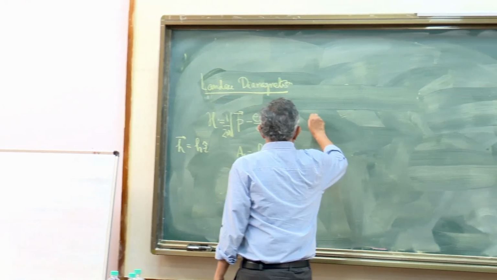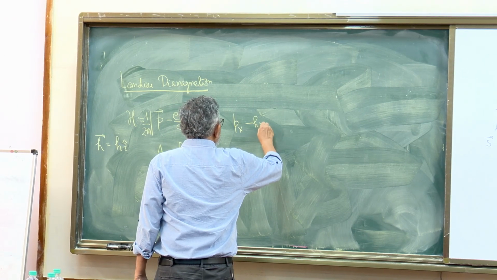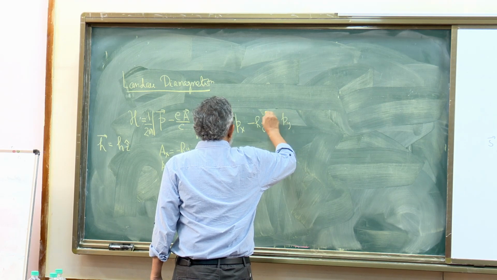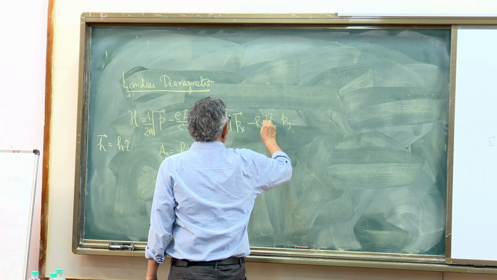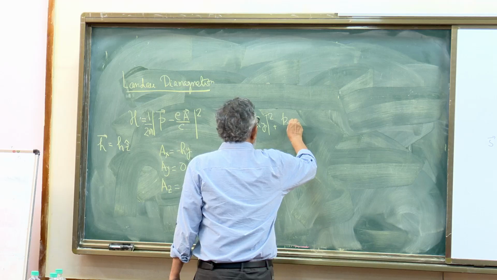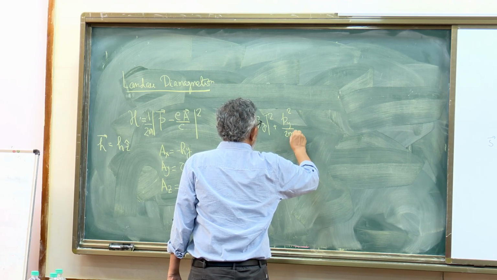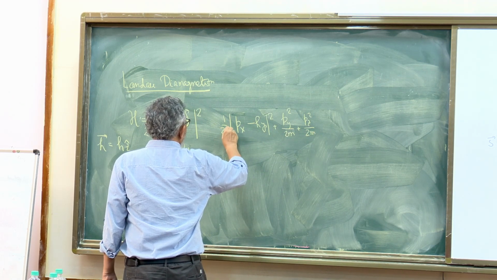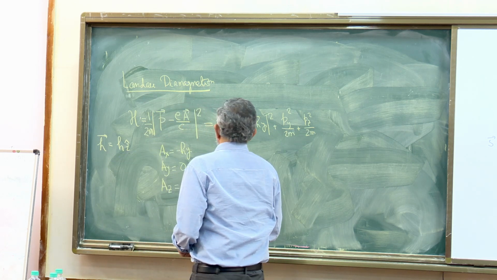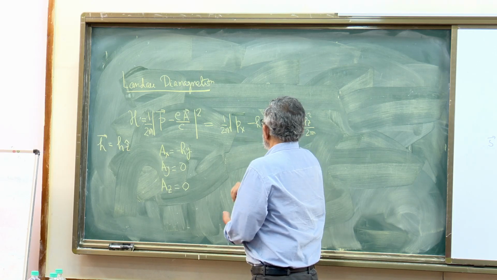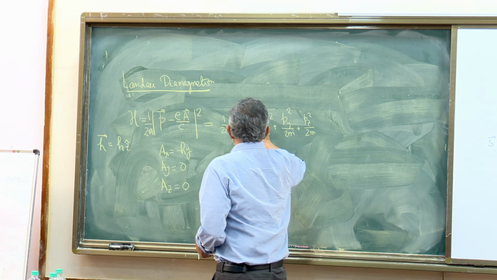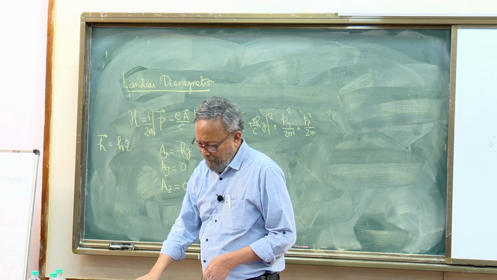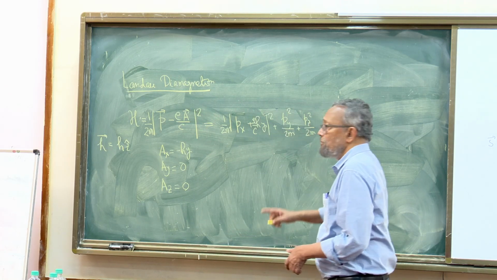So what we have here is (Px minus H times y) mod squared, well, this should actually be all vectors. This should be plus e by c.